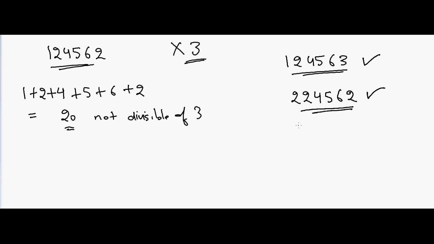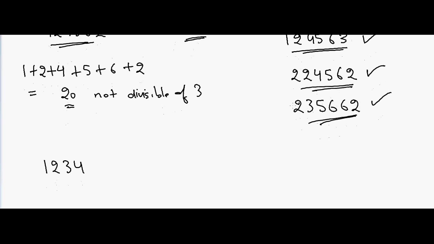Or we can increase the digits so it becomes 3 5 6 6 2. What I'm doing is modifying the number so that the sum remains divisible by 3. In that case the whole number should be divisible by 3. That's how this trick works.